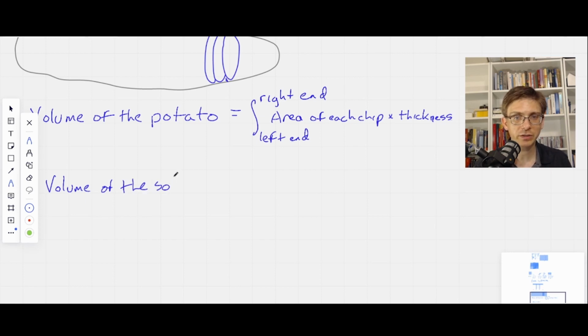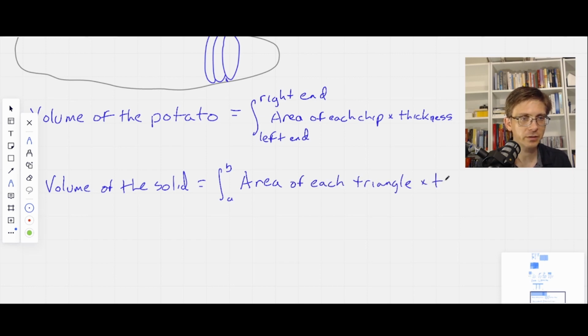So the volume of our solid is going to be equal to the integral from A to B, and we'll talk about what A and B are in a little bit, of the area of each triangle times the thickness of each triangle.